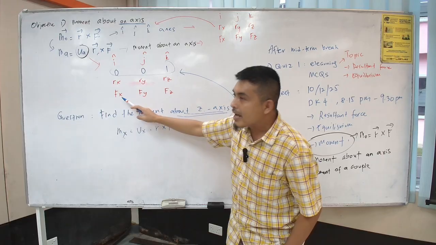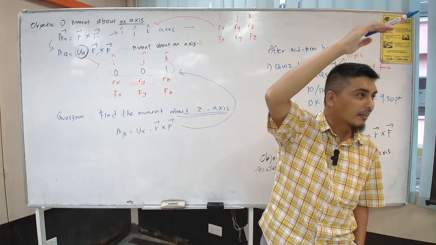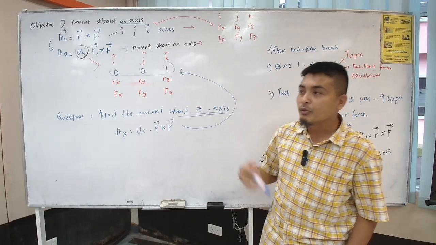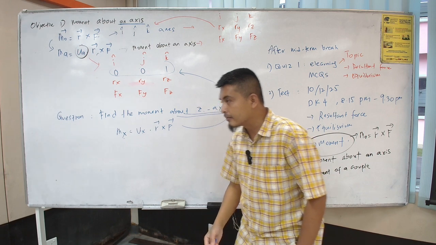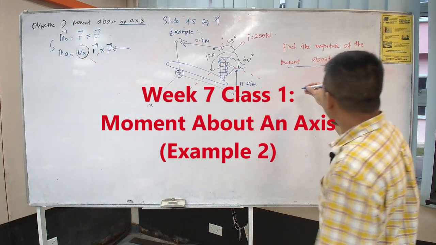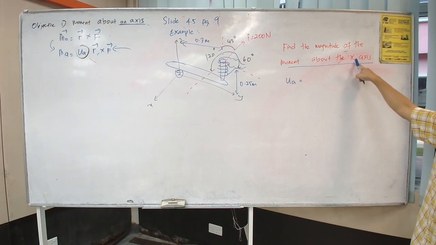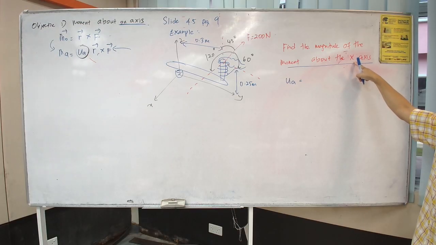The Rx and Fx, everything here is similar to the previous class lecture. How do you find it? Same thing, similar. Okay. So now you know the concept. Now we do the example. In this case, because of the x axis, your ua will become 1, 0, 0.